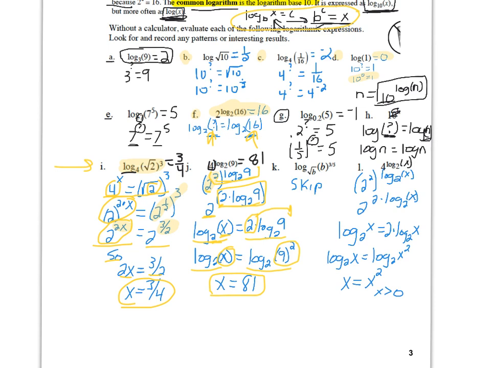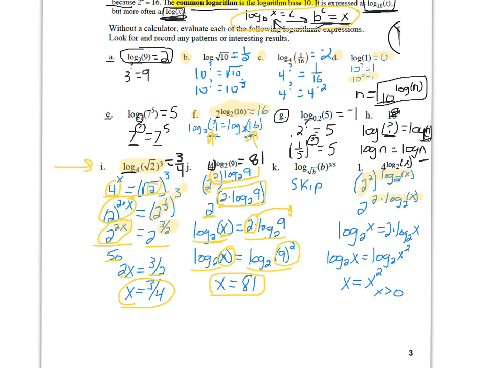Now in part L, there was a little piece left off. There was an x up here. So this is really 4 raised to the log base 2 of x. Just like in part J, I'm going to take that 4 and I'm going to rewrite it as 2 squared. And again, I have this power to a power, so I'm going to multiply those together.